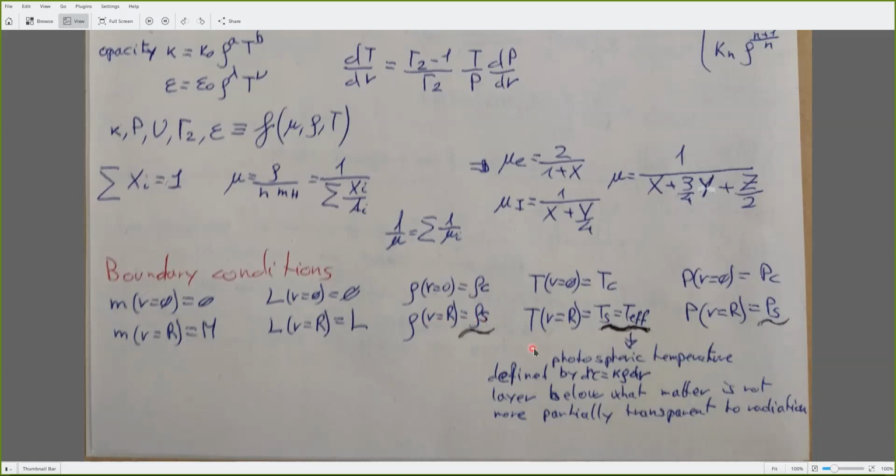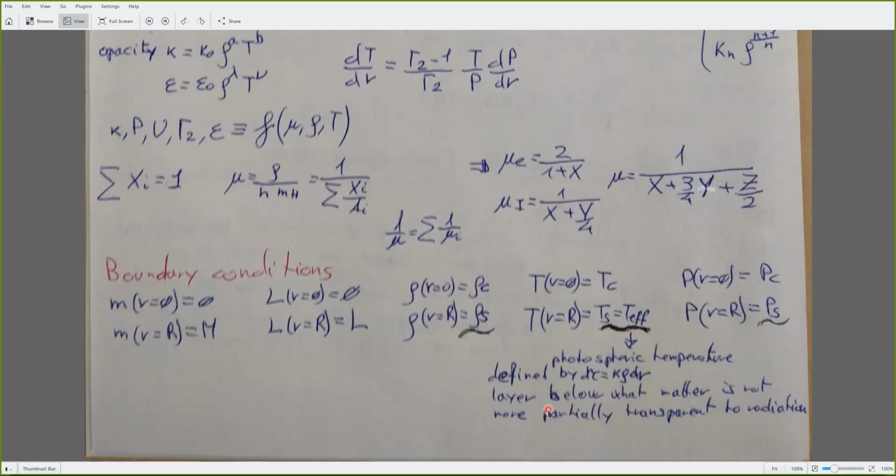Then the density at the surface, and for the temperature, the superficial or effective temperature, which is the temperature of the photosphere. As I remember, it's defined with the optical depth, essentially the layer below which the matter is not so transparent to the radiation, so essentially where I cannot see more of the detail.